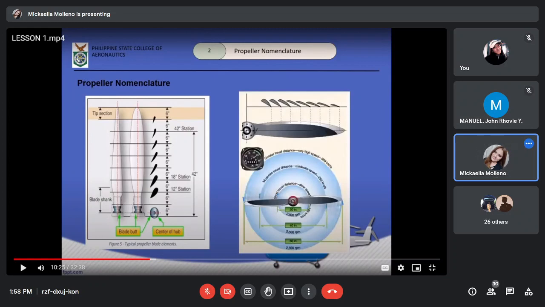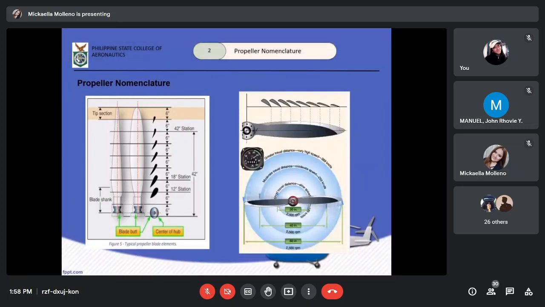So, to compensate for that, we do pitch distribution, also known as pitching. This is to compensate for differences in rotational speed and provides a relatively even distribution of thrust along the blade.